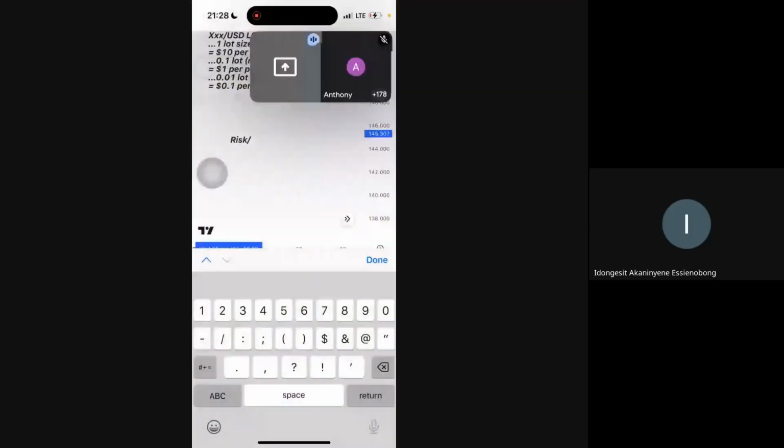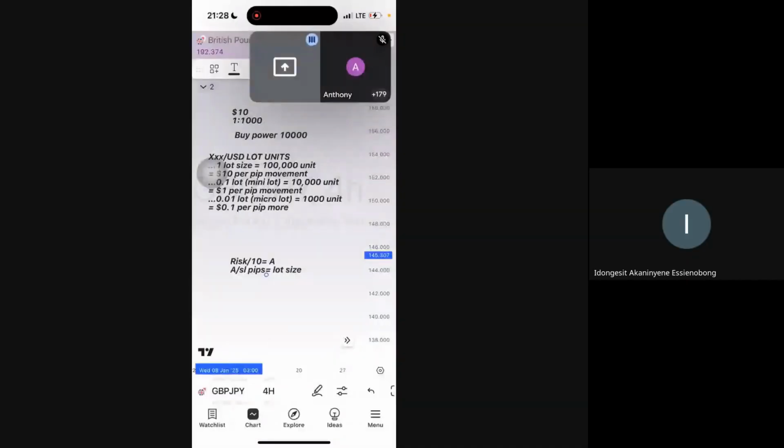Risk amount here is 10. There's my equal sign. Okay, so this is kind of a shortcut. Hope I got it correctly from what I typed before.